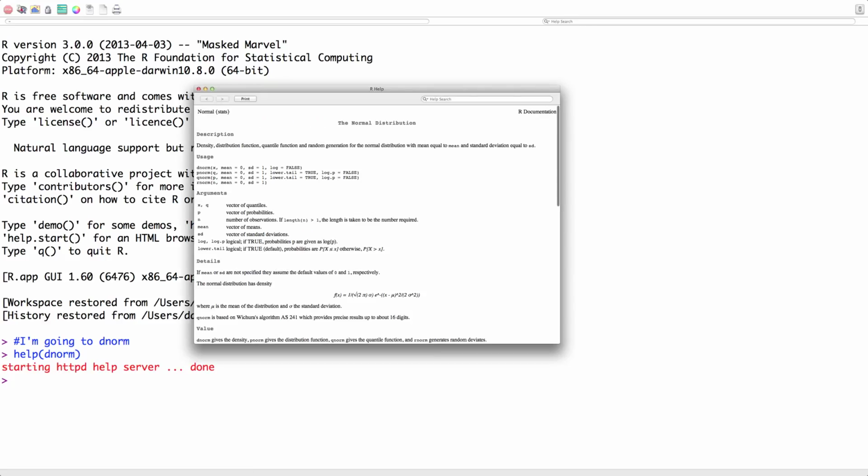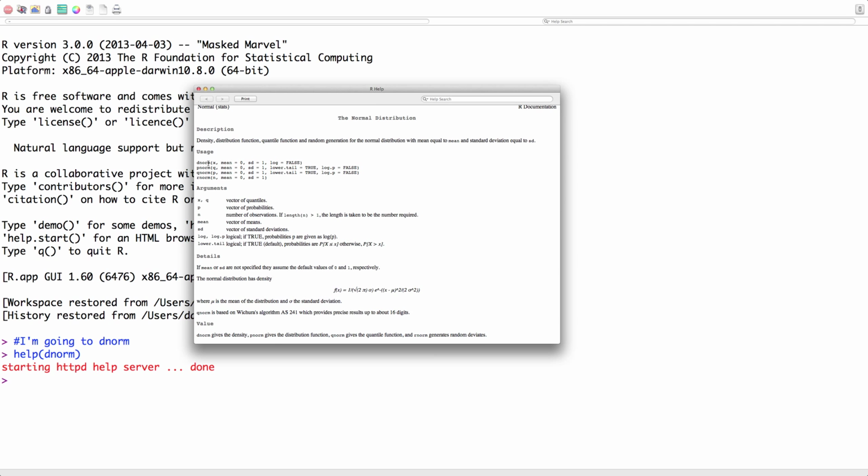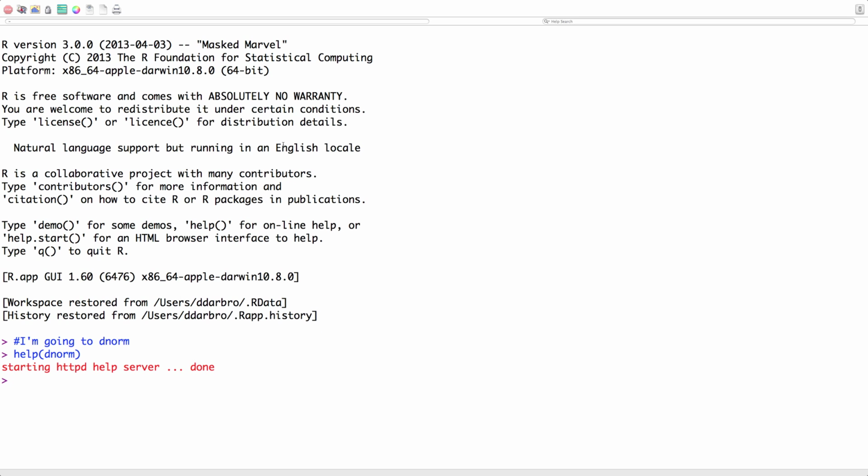If we use dnorm, you can see that there are a variety of forms here. Well, what I want to do is find the density of the function at a particular value, given a particular mean and a standard deviation. So I'm going to have to set log equal false. So guys, in this case, I'll go dnorm at a value of 10 with a mean of 9 and standard deviation equal to 5.